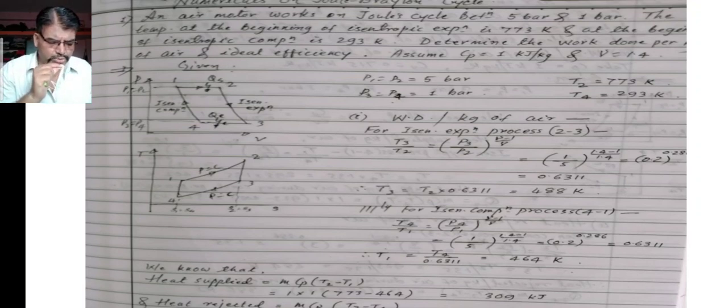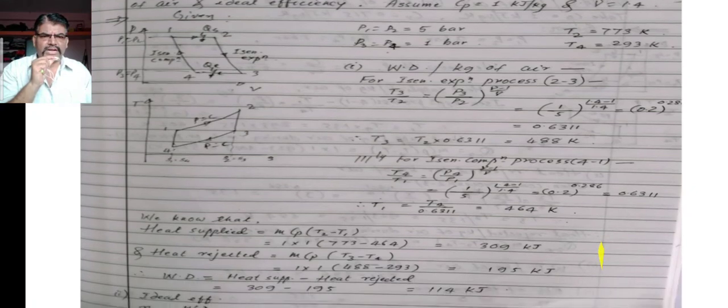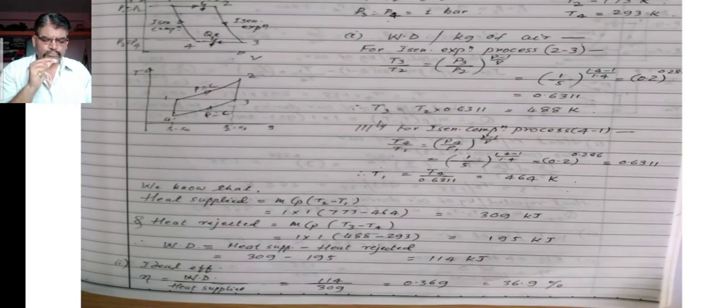After putting the values, we get heat rejected as 195. Therefore I write the equation of work done. Work done is equal to Qs minus Qr. After putting the values of heat supplied and heat rejected, we have the answer 114 kilojoules.